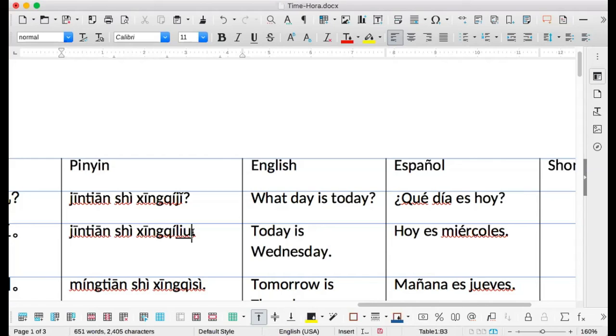Yes. Today, 今天 is 是 Saturday, 星期六. 今天是星期六. Very good.